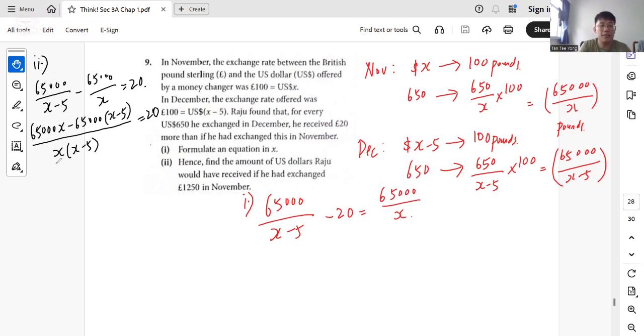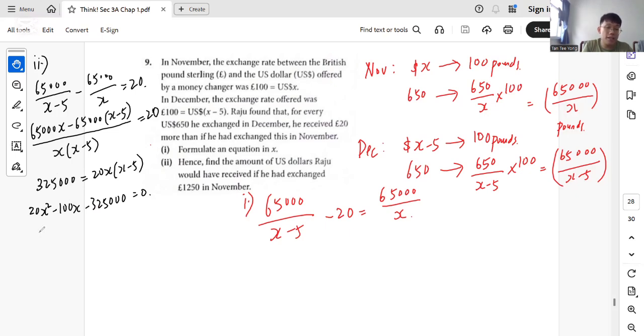Then after that I will just minus. So what is 65,000 times 5? 325,000 equals 20x bracket x minus 5. So 20x squared minus 100x minus 325,000 equals 0.